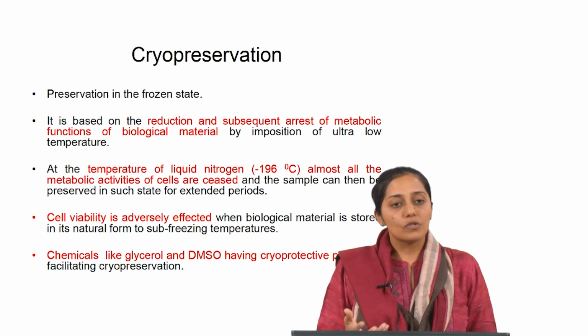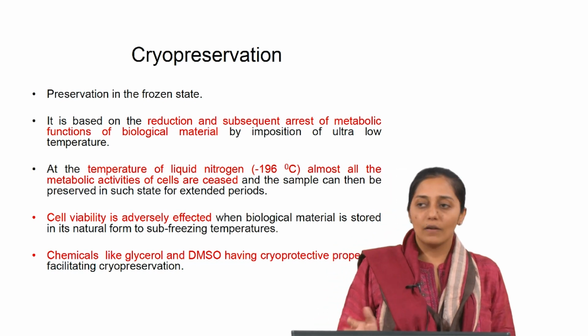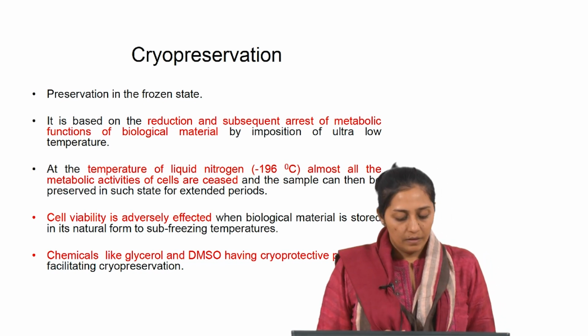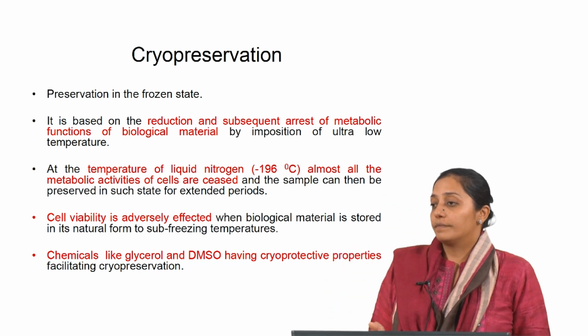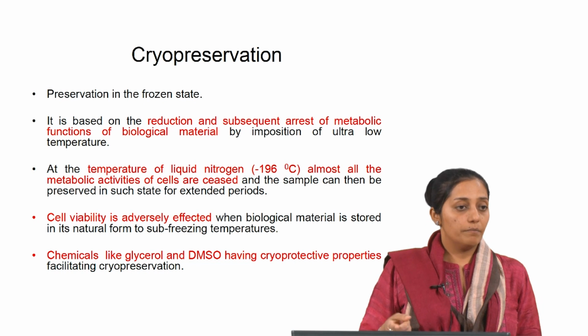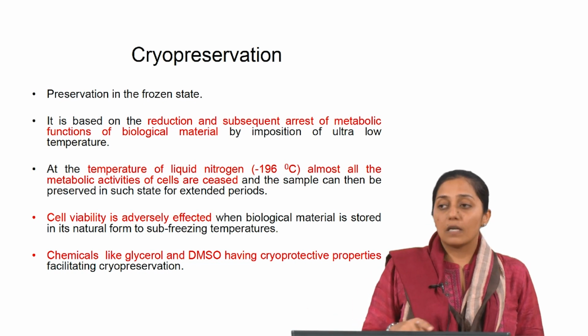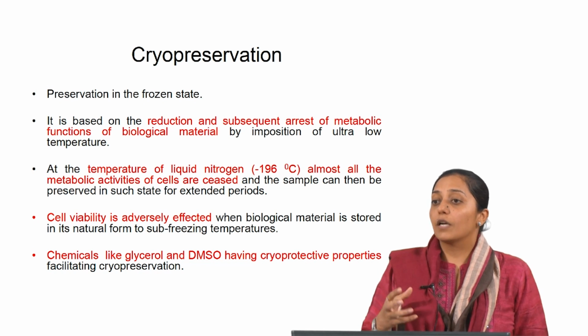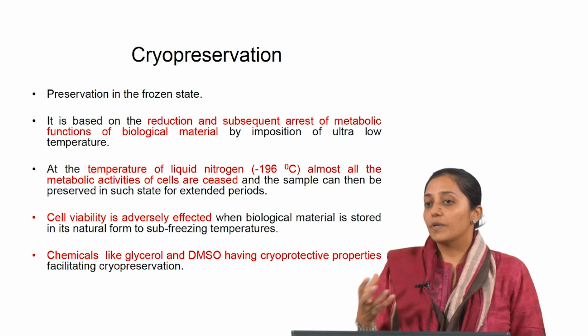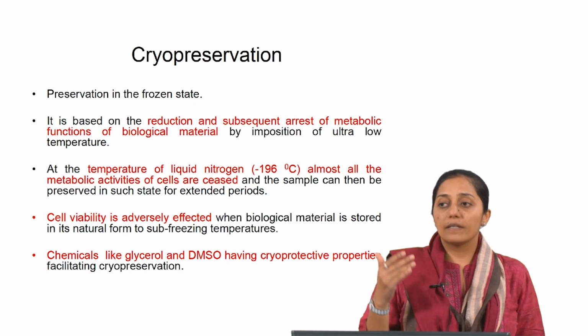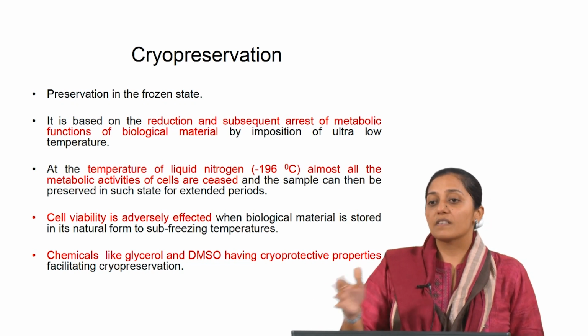So that also causes dehydration and loss in viability. So what is done? Cryoprotection is done before cryopreservation. So what is cryoprotection? We use cryoprotectants, agents which can reduce the damage because of cryopreservation.